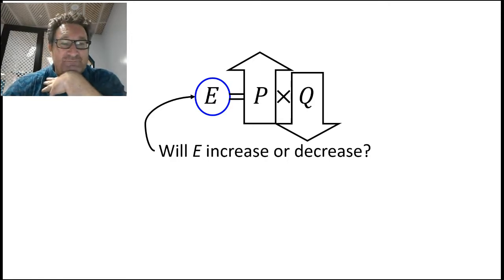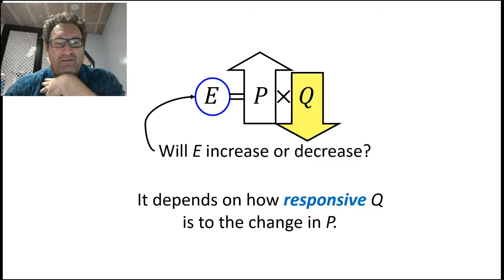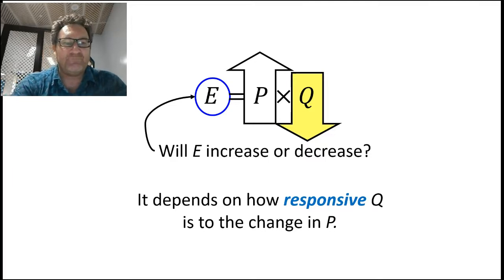Well, surprise, surprise, that will depend on how responsive the quantity demanded is to that change in price. In other words, it will depend on the price elasticity of demand. Whether demand is elastic, highly responsive to a change in price, or inelastic, relatively unresponsive to that change in price.